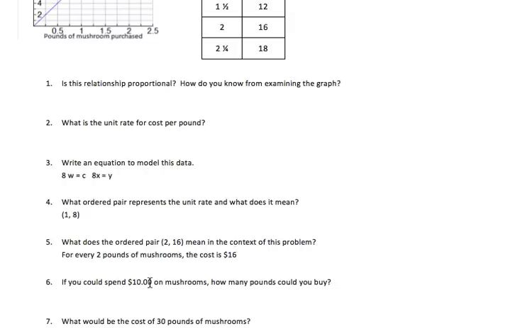We would need to take that cost and divide it by the $8 per pound that is our rate. So if we take 10 and divide it by 8, we would get 1 2/8, which simplifies to 1 1/4 pounds. Make sure you label.